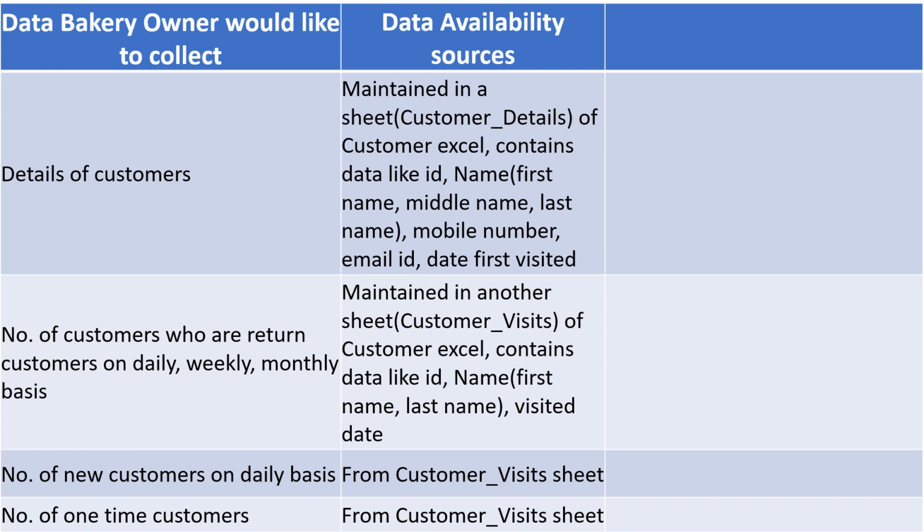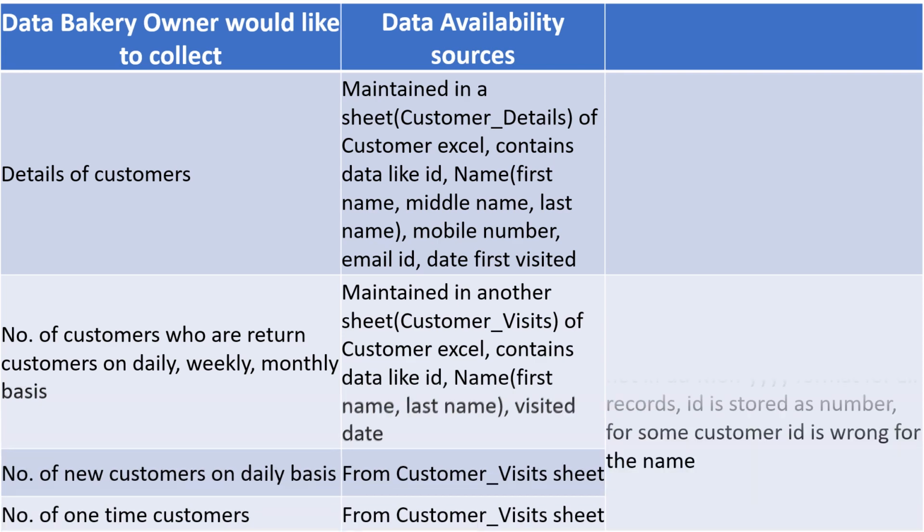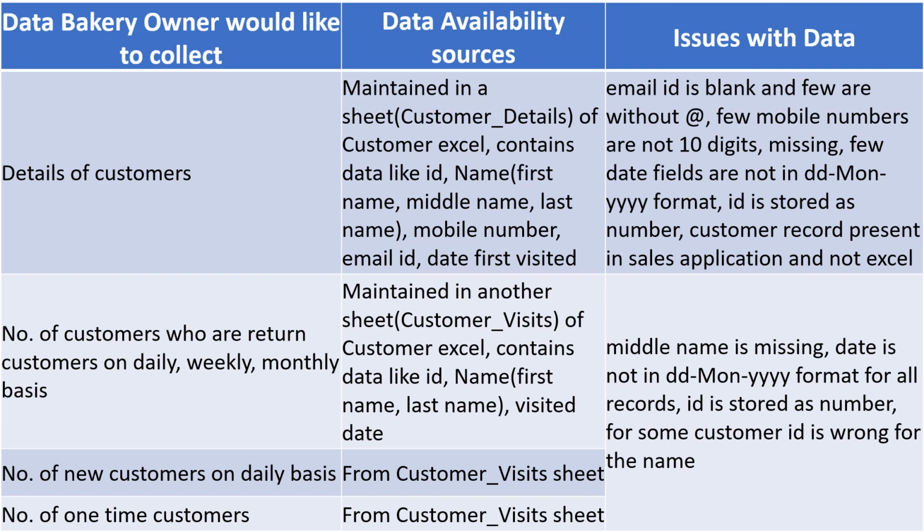After he looks at the Excel sheet for all these data, he comes up with the issues with the data on the customer side. Some of the email IDs are blank and a few are without the at sign. A few mobile numbers are not 10 digits, or are missing.